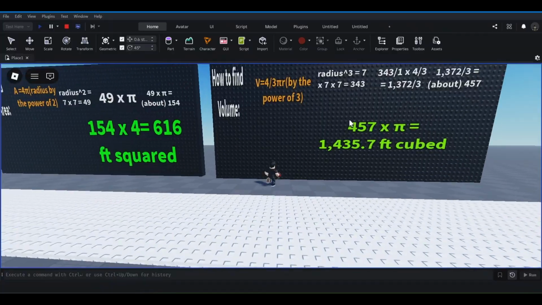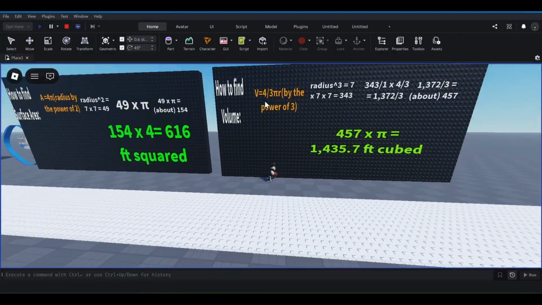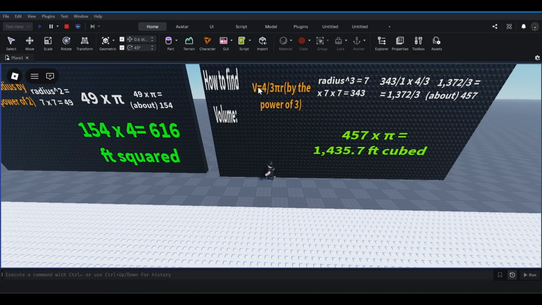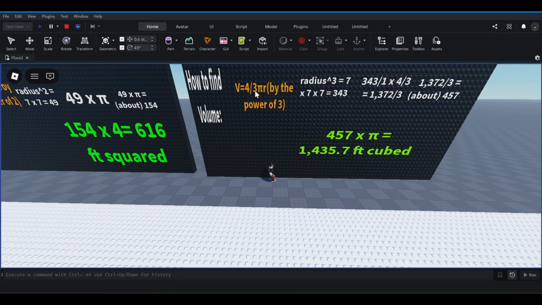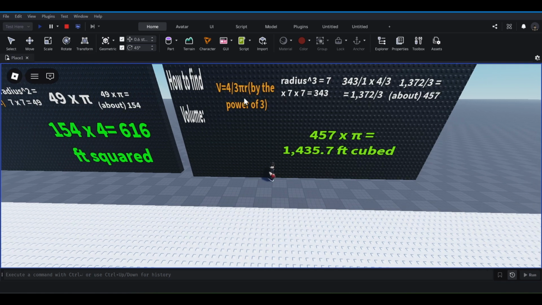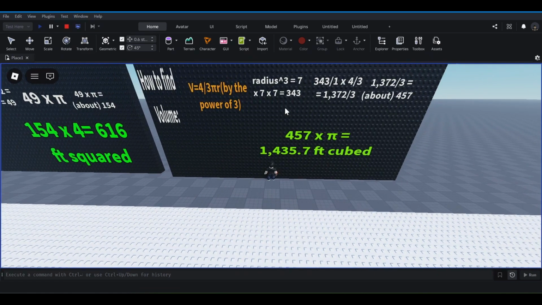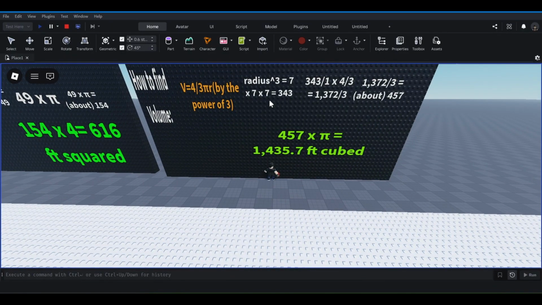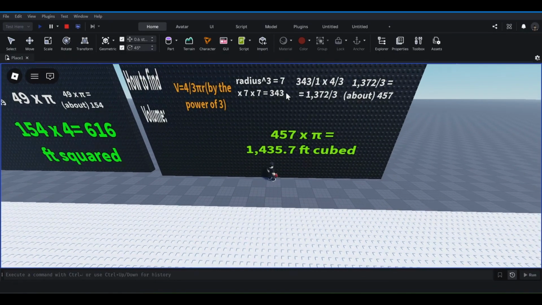To find the volume, you have your pi times the radius by the power of 3, but also times it by 4 over 3. So that's a fraction, not division. I'm trying my best here. Okay, so radius by the power of 3 is 7 times 7 times 7, which equals 343 feet.